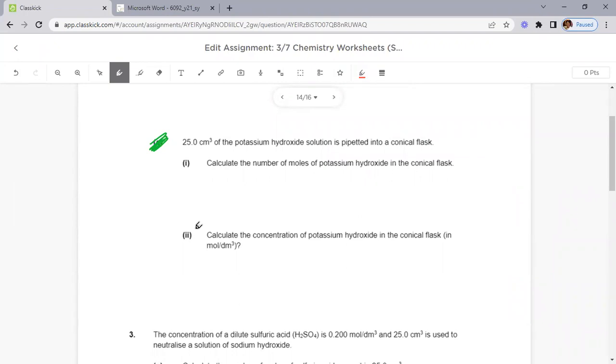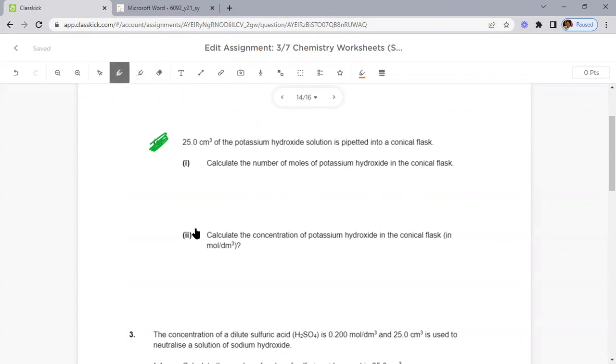25 cm cube of 12.5 grams per dm. Sorry, maybe let me rephrase.